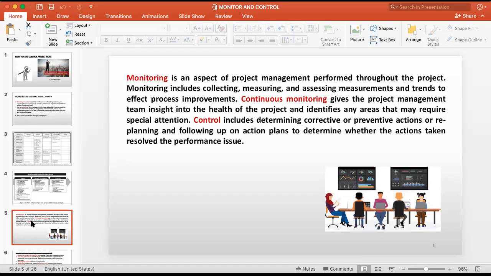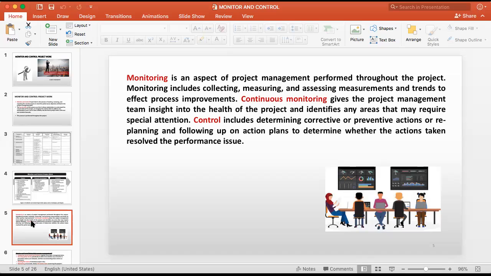Other than this, you will have some meetings with the stakeholders for this monitoring process, and you will have steering committees, which are high-level meetings. That means if you can't solve a problem within the project, you need to involve other government organizations, so you have to go to a higher level of authority.